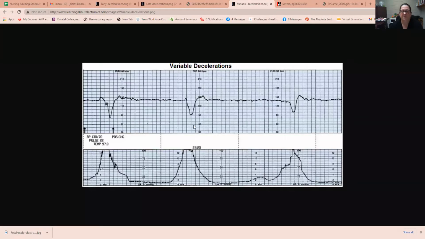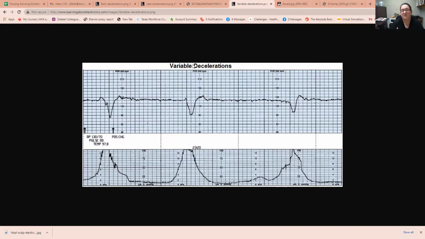Sharp drop, recovery. Okay, sharp drop, recovery. And these variables are happening with every contraction. They usually indicate the cord is being compressed. If the recovery is quick and they recover completely, which these do, and the fetal heart rate baseline and variability remain reassuring, then variable decels can be tolerated.